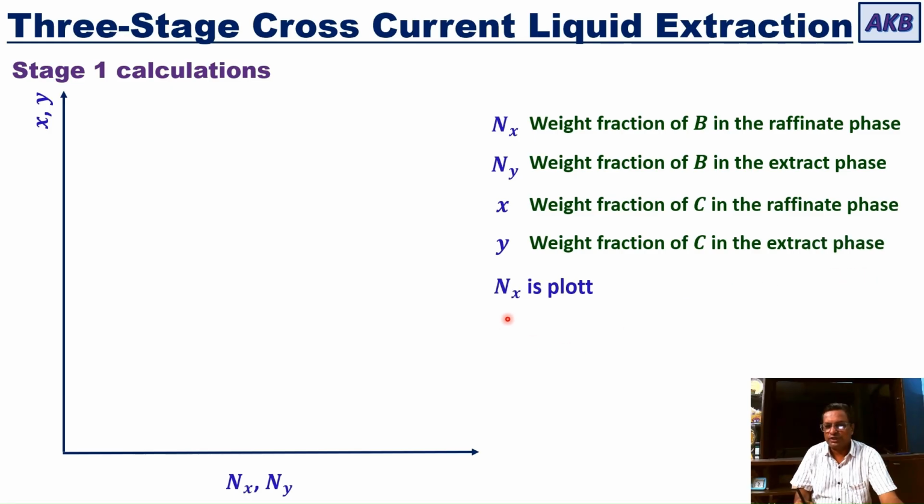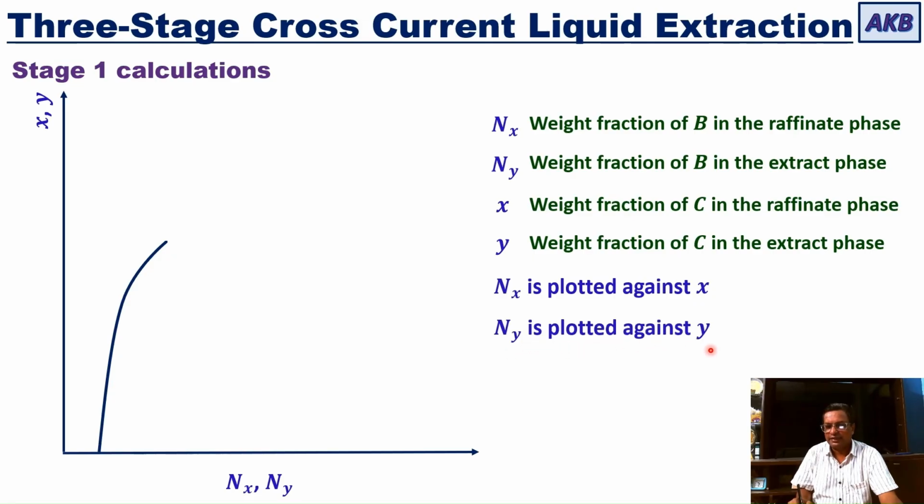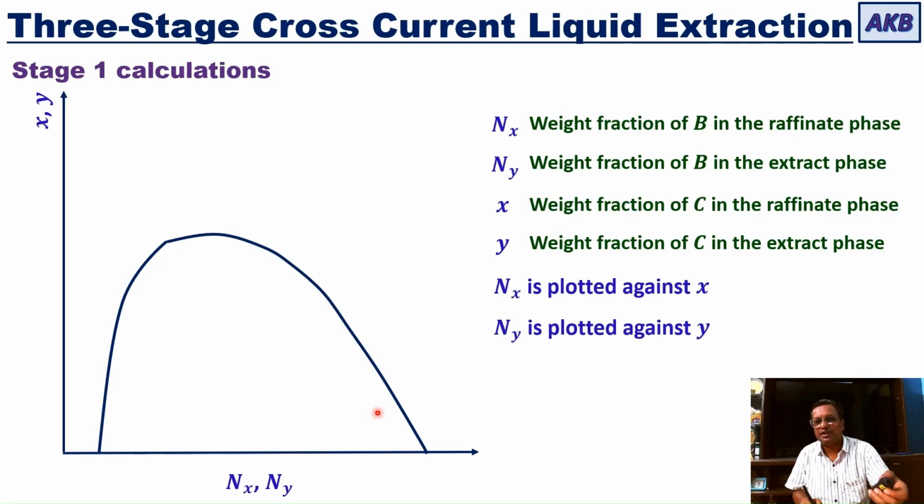When you plot nx against x, that is weight fraction of B in the raffinate phase against weight fraction of C in the raffinate phase, you get one part of the binodal solubility curve. And when you plot ny against y, that is weight fractions in the extract phase, you get the other part of the binodal solubility curve. So you get the binodal solubility curve. Now we are going to follow the material balance equations written for stage number 1 on this diagram.